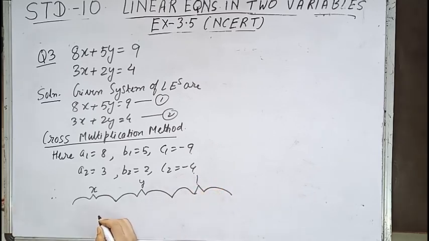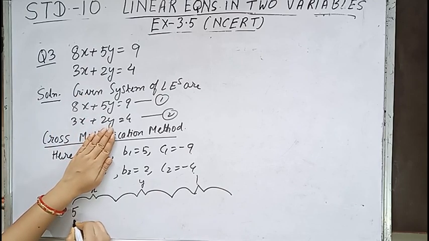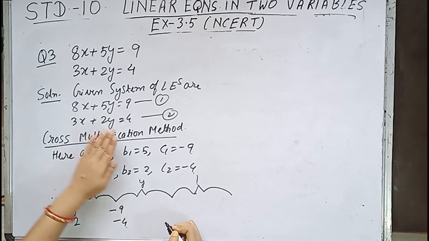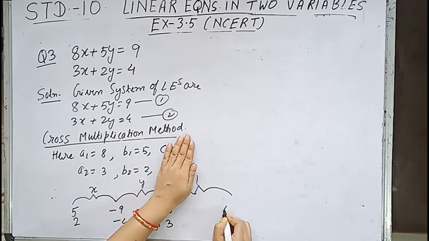Now below x what we will write, children? Write this one. 5, 2, minus 9, minus 4. Below y we will write over here 8, 3, and below 1 we will write over here 5, 2.